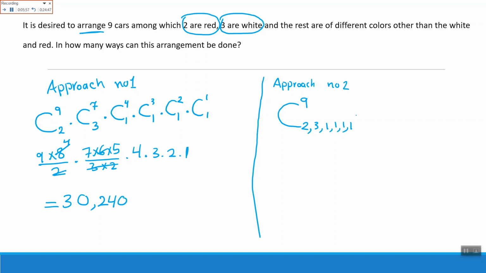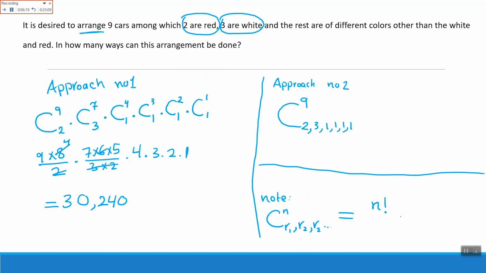The other way: how do we evaluate such a combination? Well, let's look at this note. Combination n r1, r2, r3, etc. is evaluated as follows.